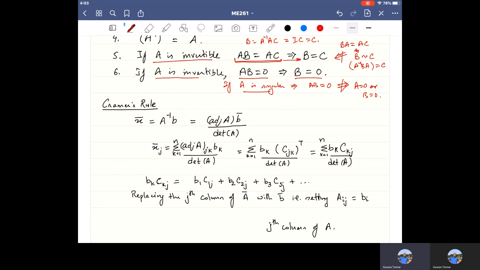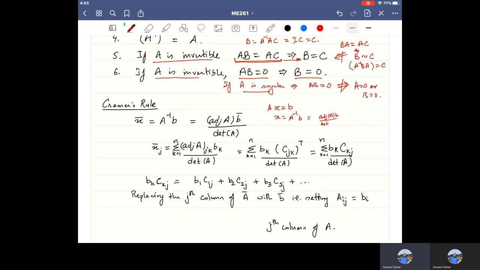The idea was that you're solving the Ax equal to B system. So from there you can say x is going to be A inverse B, correct? Now, if x is A inverse B, and we have now found another way of writing A inverse, which is adjoint of A divided by determinant of A, then x is adjoint of A into B over determinant of A, correct? That's another way we have found.